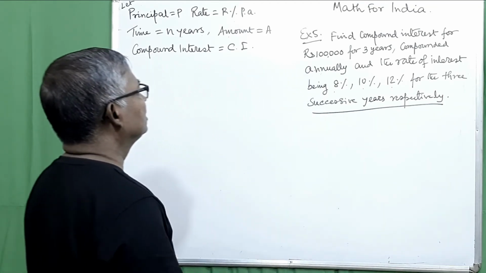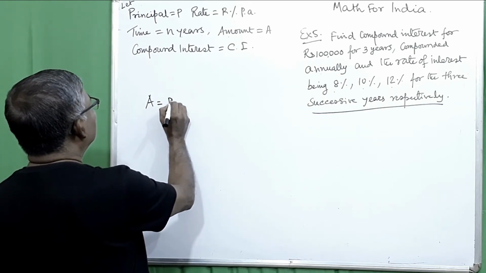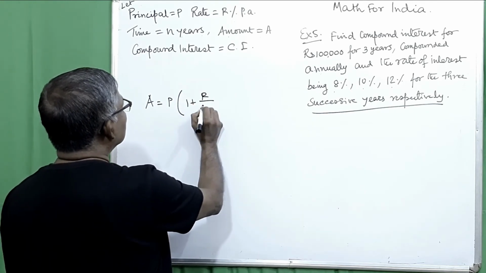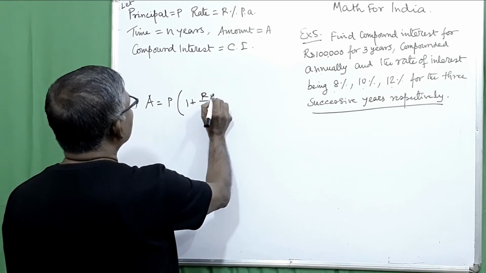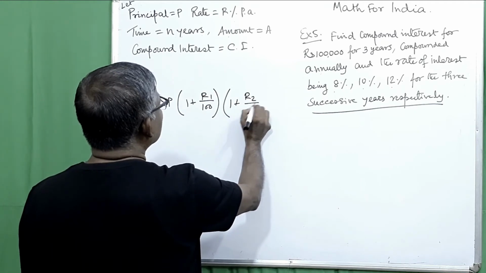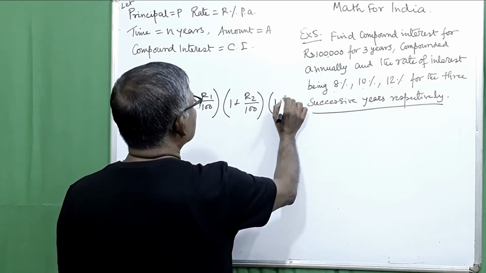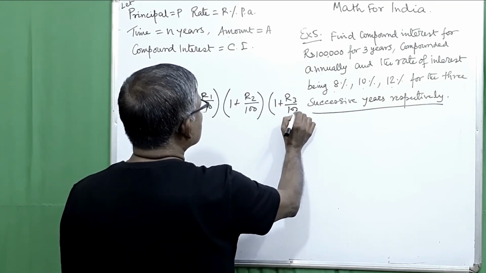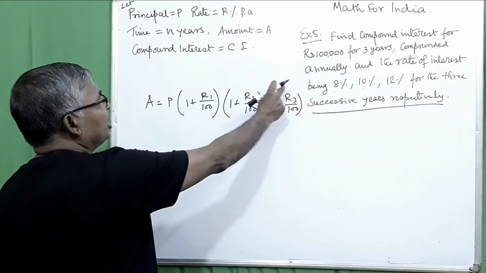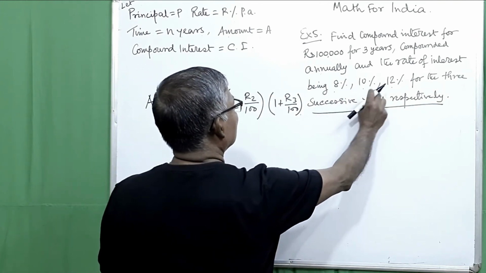Students, we know the formula A equals P into 1 plus R1 by 100 into 1 plus R2 by 100 into 1 plus R3 by 100, where R1, R2 and R3 are the successive rates of interest for 3 years.